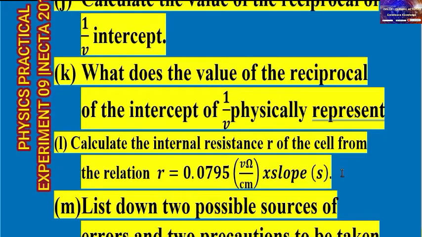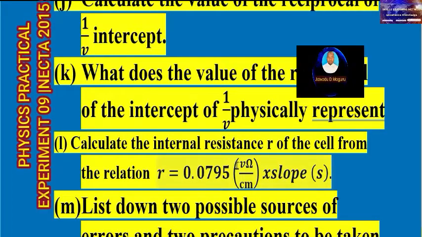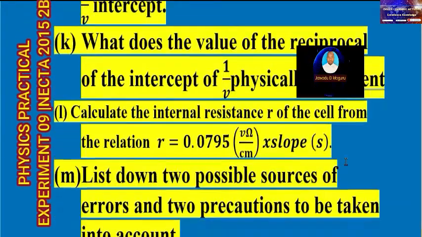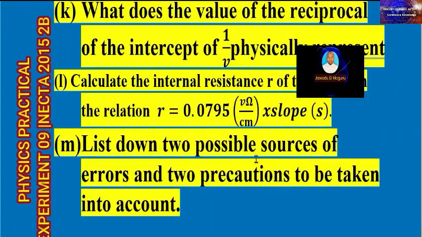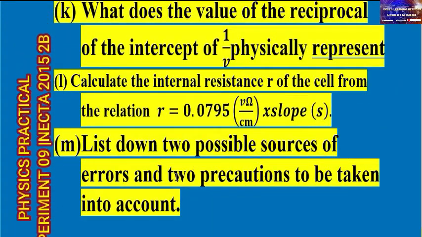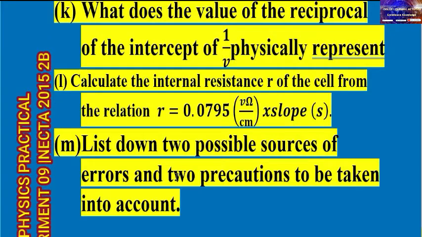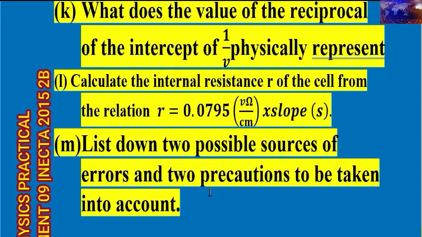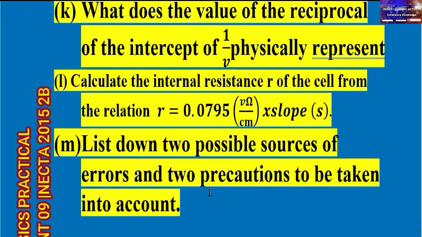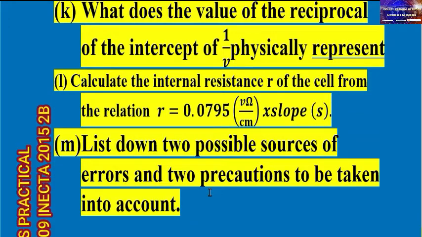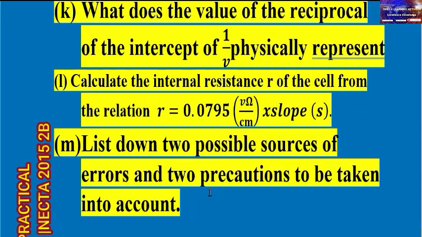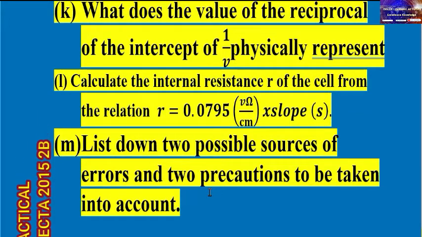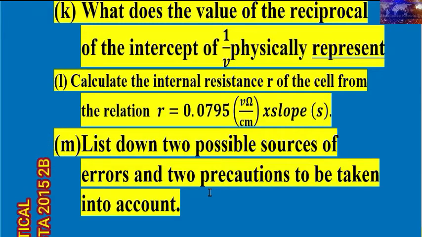You can use it because you have the slope, and you can put it in to get the value of the internal resistance. Then list down 2 possible sources of errors and 2 precautions to be taken into account. So you are required to mention 2 sources of errors and their precautions.